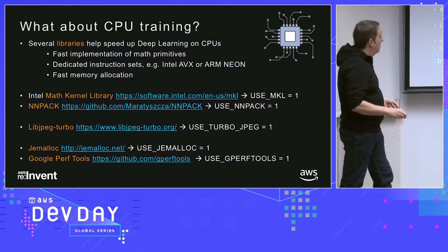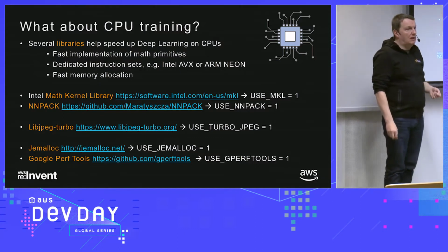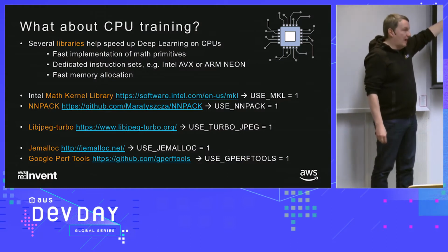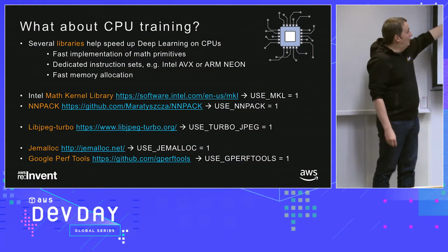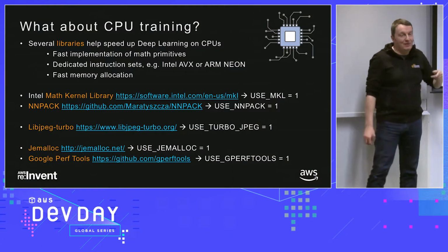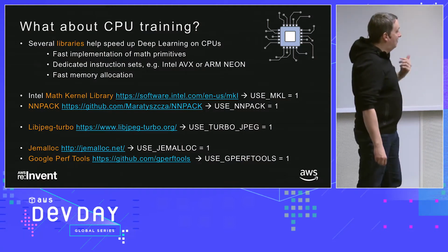There is an open source alternative called NNPACK. Anyone knows that one? I like this one. It's not as fast as MKL, but I love it because it works with Raspberry Pis, right? It does support the ARMv7 architecture. And yeah, it's a cool project.